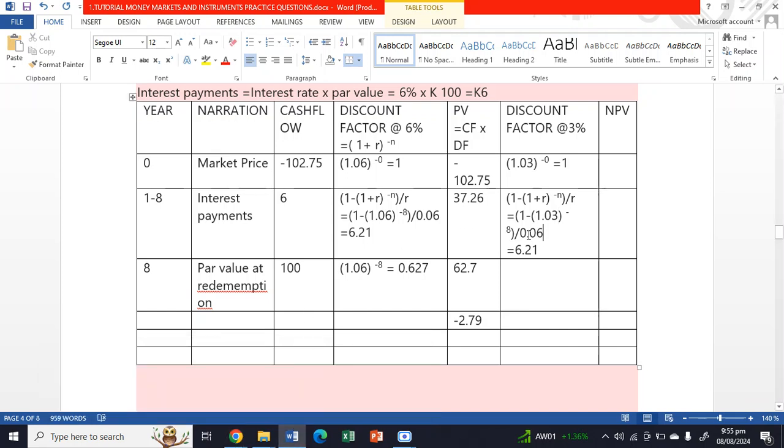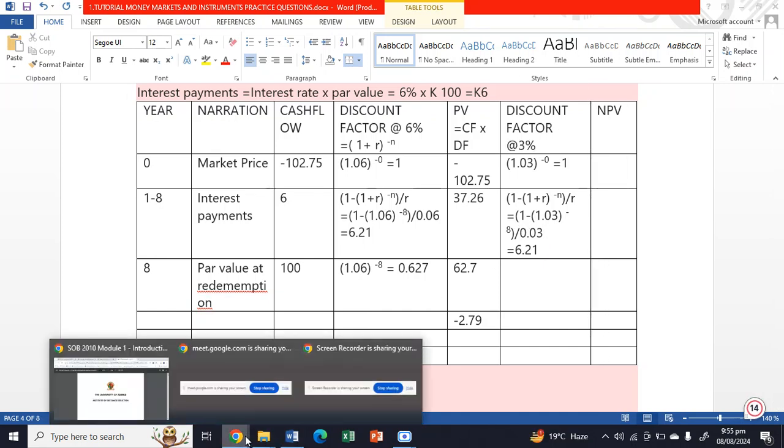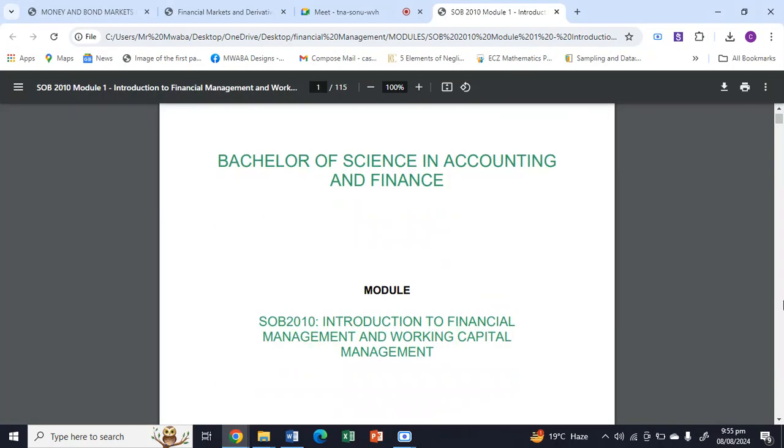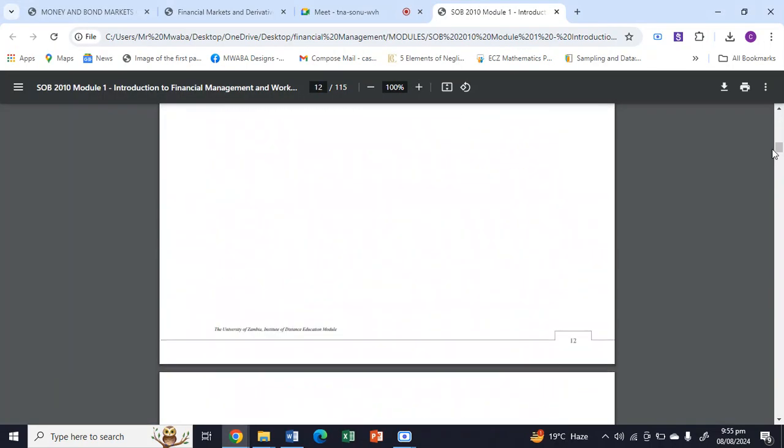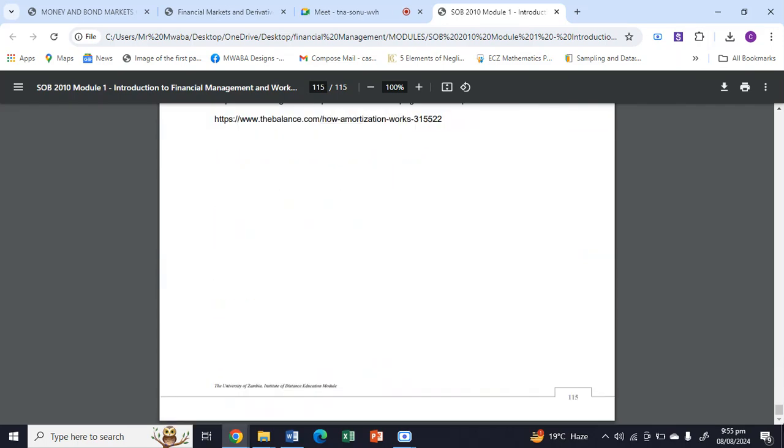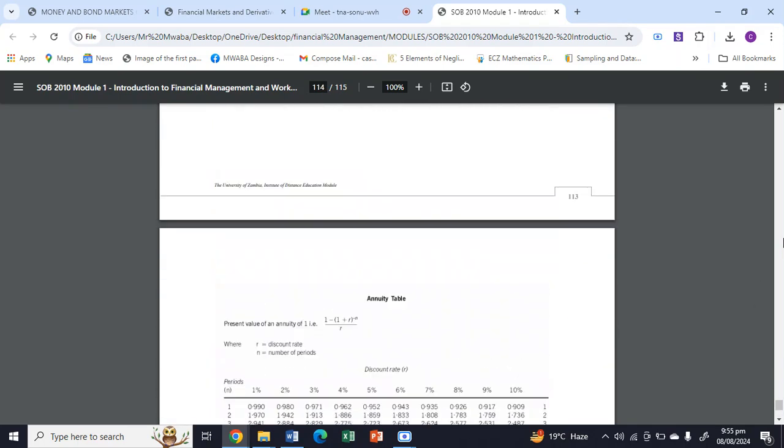But before that, we had divided by 0.3. The tables will be provided in the exam. That would be a good thing.